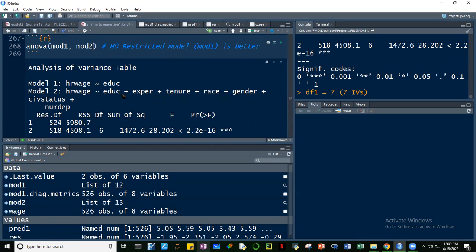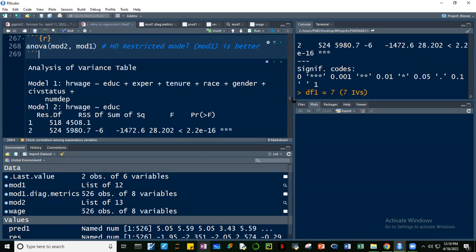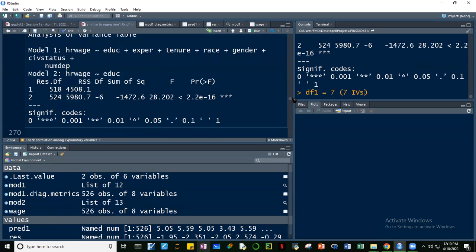Yung unrestricted. Pwede bang i-ano to, guys? Will it matter kung magkabaliktad yung order niya? Run natin, guys. Okay. So, ano ginawa niya dito?